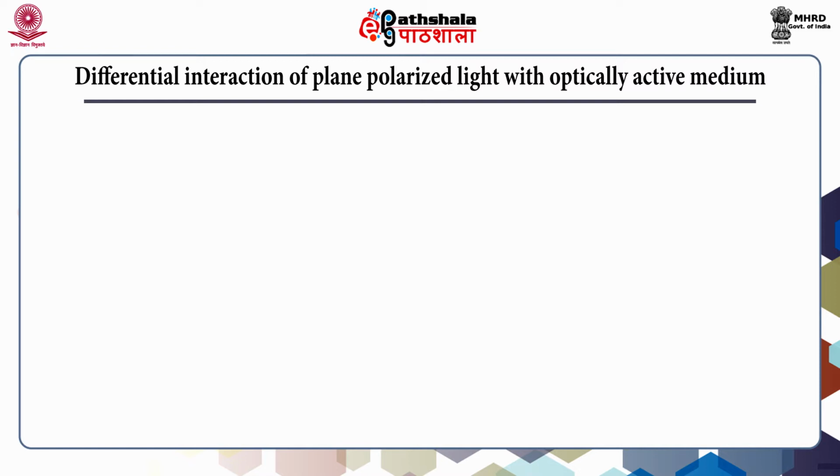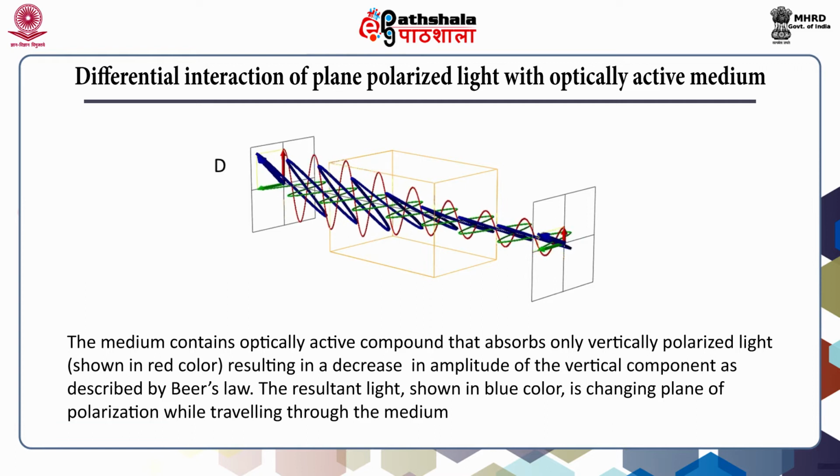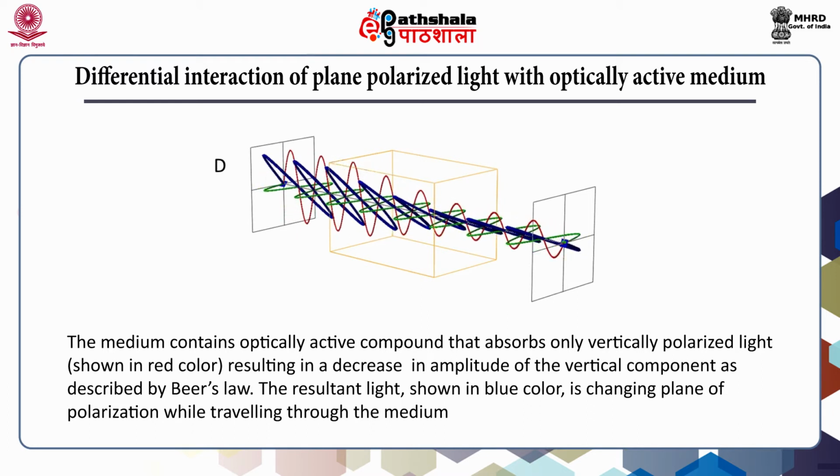Now we will see again what is the meaning of rotation. Differential interaction of plane polarized light with optically active medium. If you place an absorbing material between the two windows shown in previous cases, so that the material preferentially absorbs only the vertical component, the intensity of this light component, that is the amplitude squared, falls exponentially with the box, or you can say the cuvette path length.